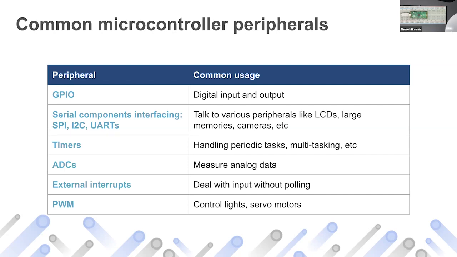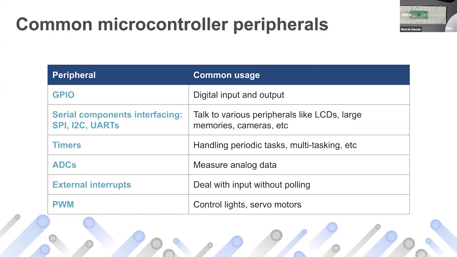For example, SPI is serial peripheral interface, and I2C is inter-IC connectivity. That's a standard. And then UARTs are universal asynchronous receivers and transmitters. These are all different types of serial ports. Serial ports in the sense that there are usually 1 or 2 wires on which data is transmitted, and then there is usually a clock line. That's a reference line using which you can figure out how data is sent.